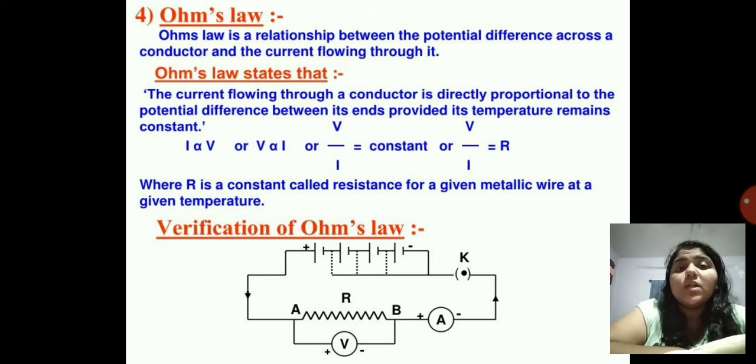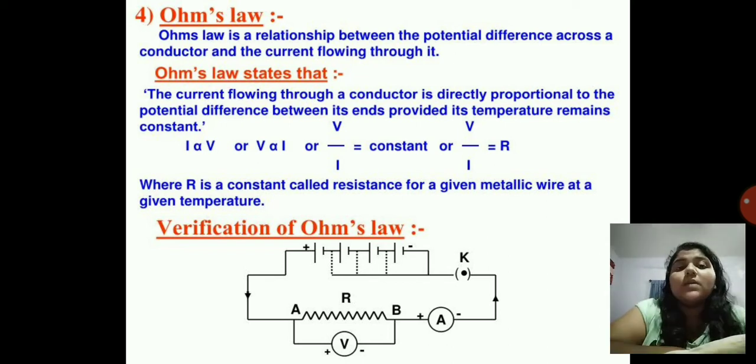In this whole law you have to remember only two things: the current flowing, that is I, and the potential difference V. Both are directly proportional when the temperature remains constant. Easy to remember.